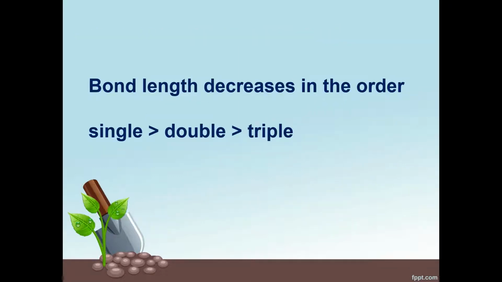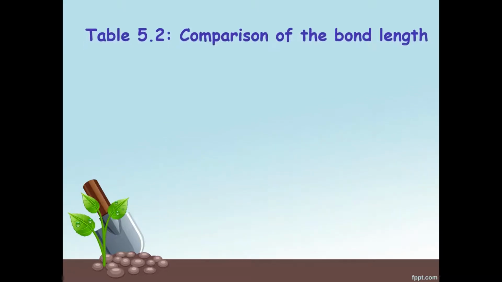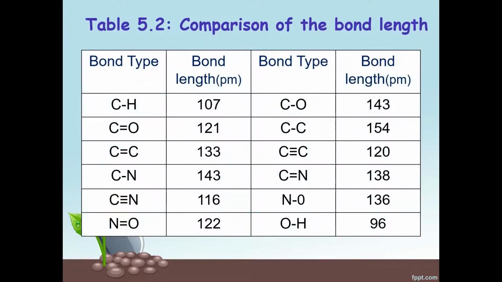Single bond has the highest bond length, followed by double bond, whereas triple bond has the lowest bond length. Table 5.2 is showing the comparison of the bond length in picometers.